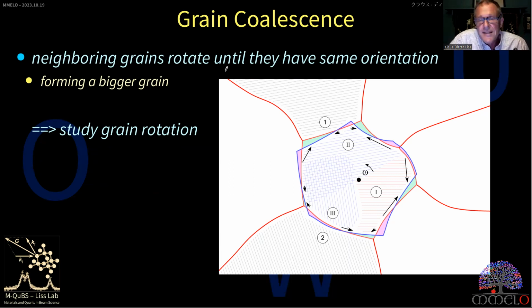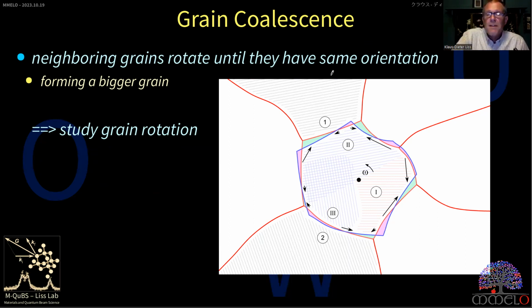Grain coalescence is a kind of grain growth where neighboring grains rotate until they have the same orientation, and then they form a bigger grain.